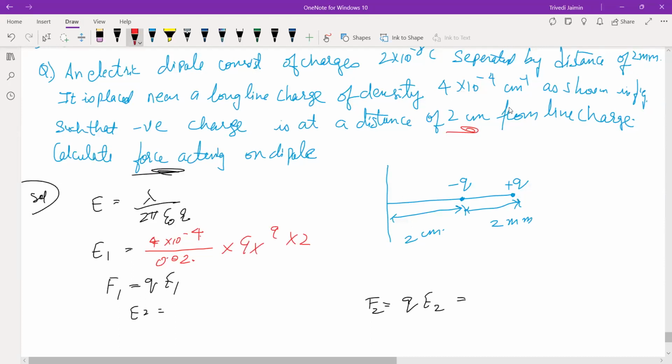Because it's 2 here, multiply by 2 here, so it will become common. With this one, you can find the answer for E1, then multiply by charge. 6.4 correct.